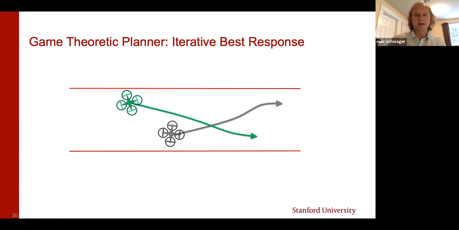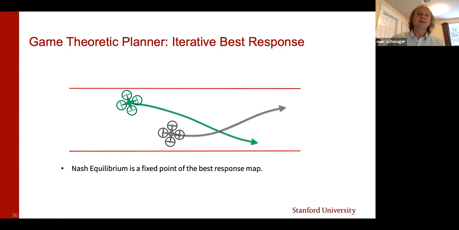So this is his best response. Then I lock in the gray drone's trajectory and I say, now what should I do in response to that? And that's my best response to his best response. So you see that's the iterative part in the iterative best response. And I keep doing this until I reach a fixed point. Now, it's unknown whether this does reach a fixed point in general, but if it does reach a fixed point, that's great, because that is by definition a Nash equilibrium.